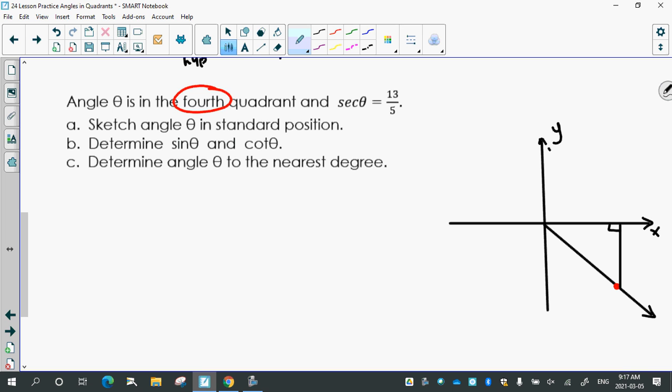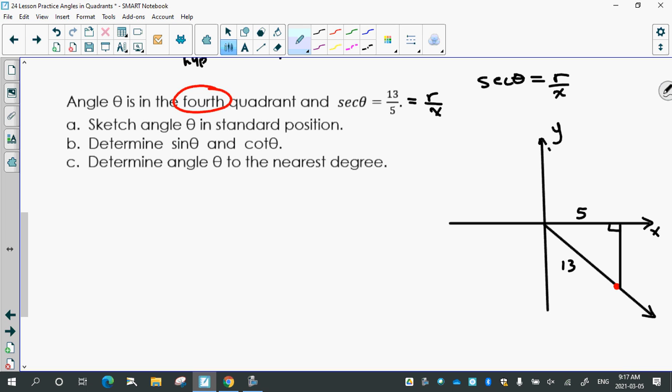So we know from our definitions of our ratios that the secant of an angle is the R value divided by the X value. Okay? So when they give us 13/5 like this, that means it's the R value over the X value. So that means on our diagram, R is 13, and X is 5.